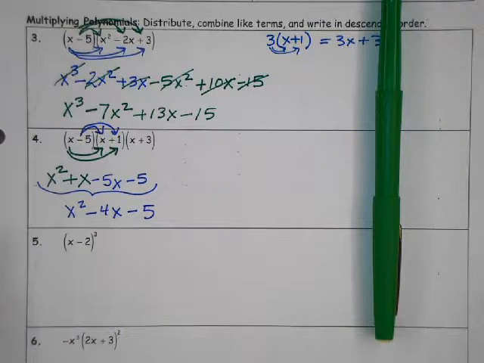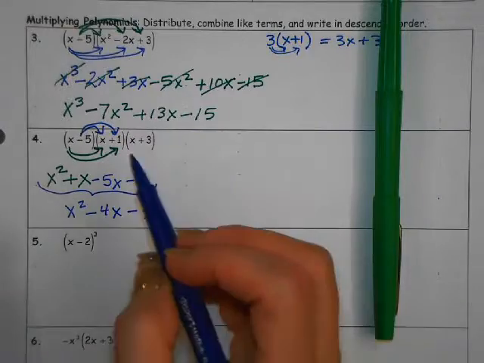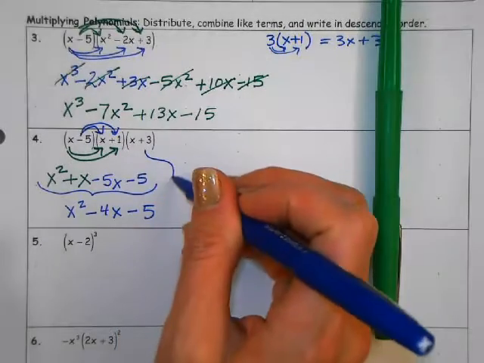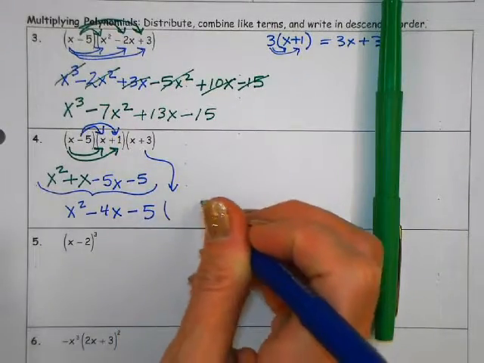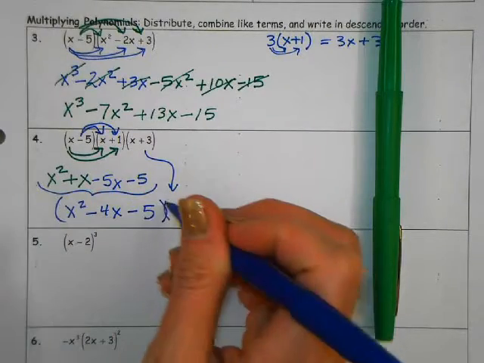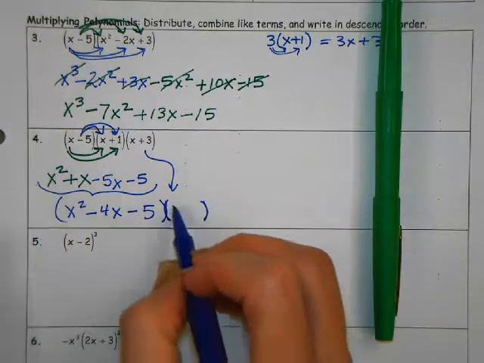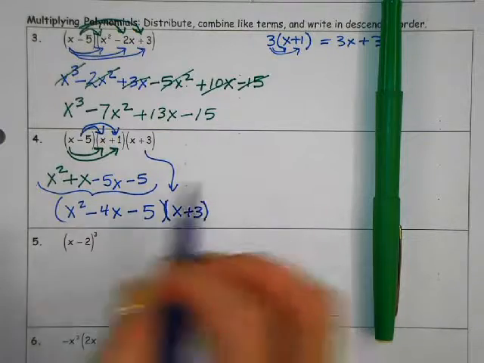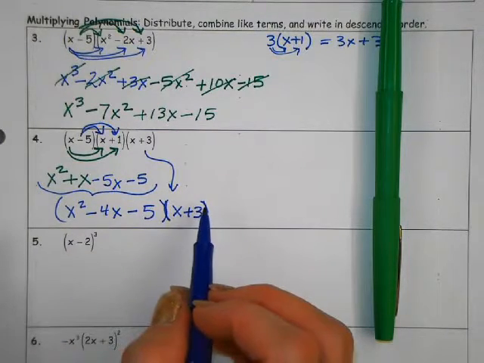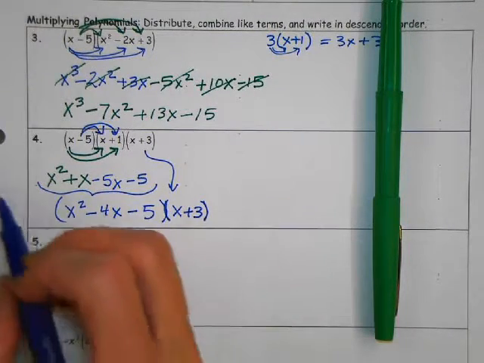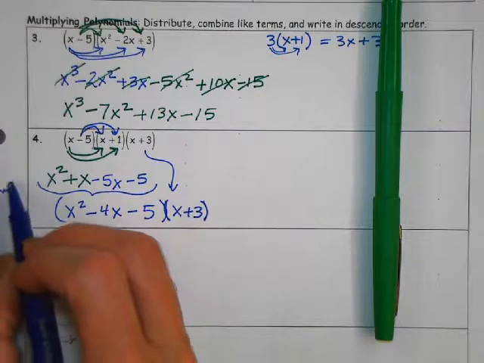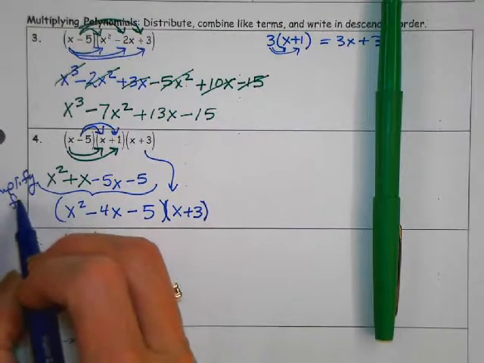Does everyone see how I did that? Right? Then I'm going to bring this one down here, and then I'll multiply that out. Okay? So this will be x plus 3. So before you do the multiplication, simplify first.